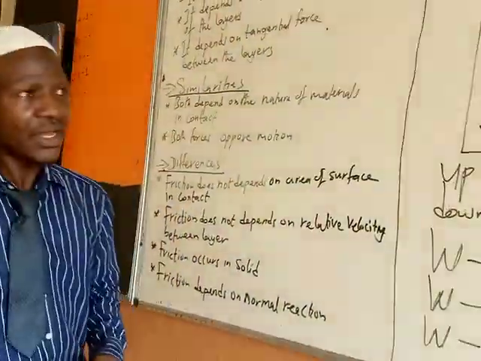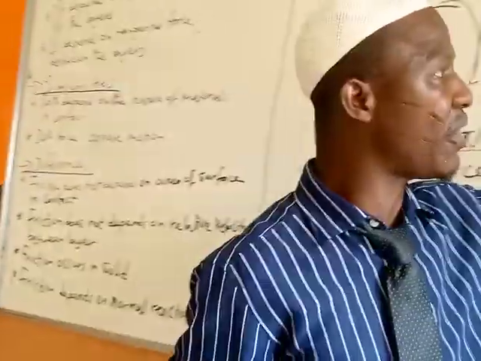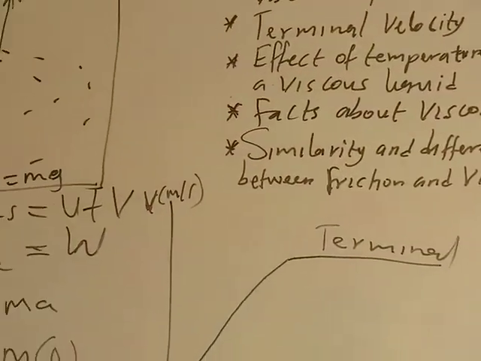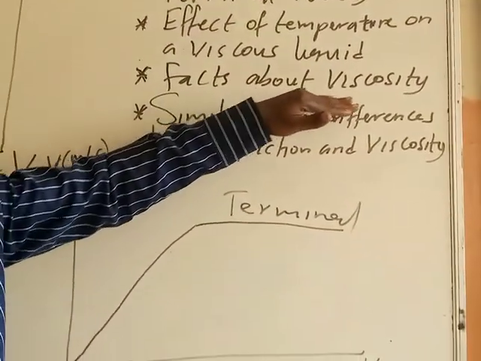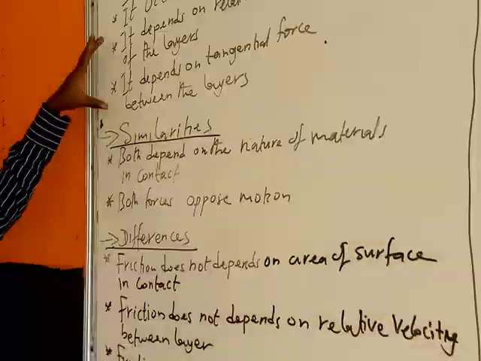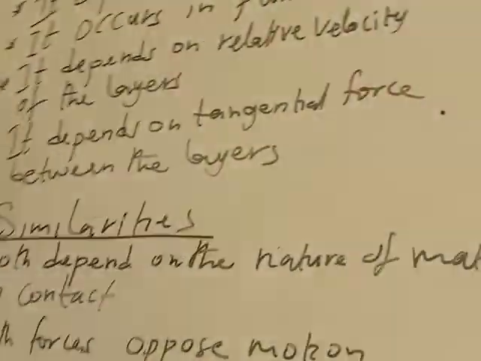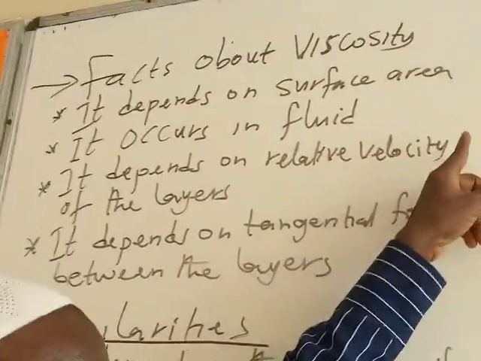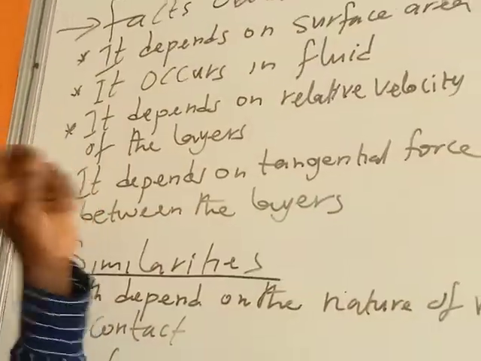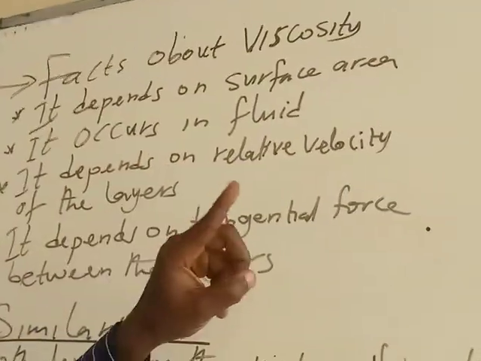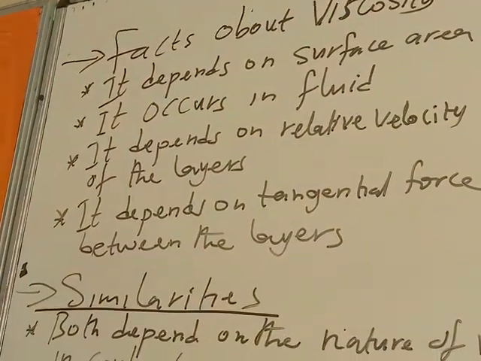Viscosity of it. Now, apart from that, the next topic will be facts about viscosity. What are the facts about viscosity? So we have these 4 major facts about viscosity. Viscosity depends on surface area. And don't forget, solid friction does not depend on surface area, but it depends on nature of surface.